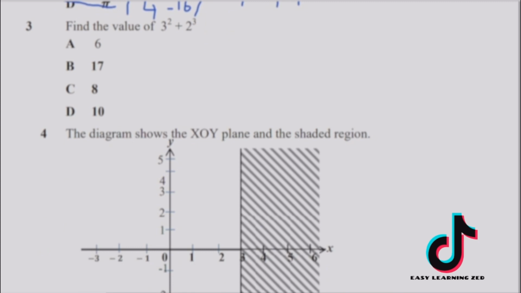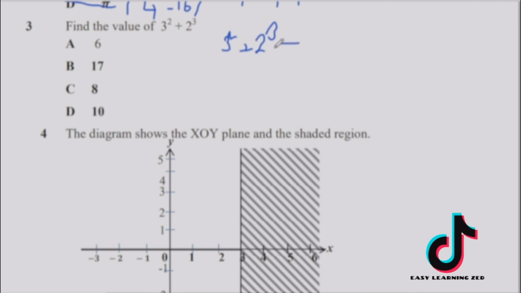Okay, so question number 3, the question is, find the value of 3 squared plus 2 cubic. So we're going to write 3 squared plus 2 raised to the power of 3 or cubic.